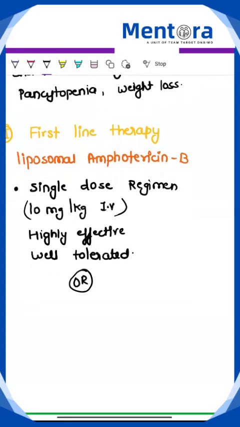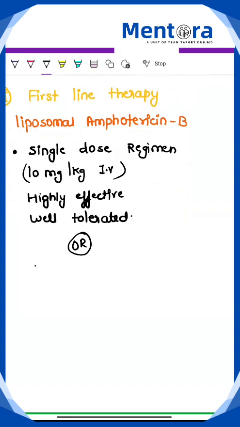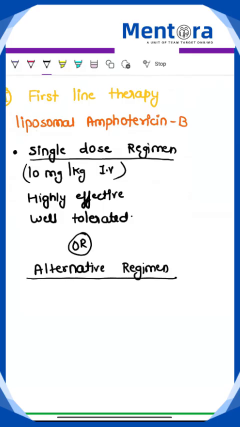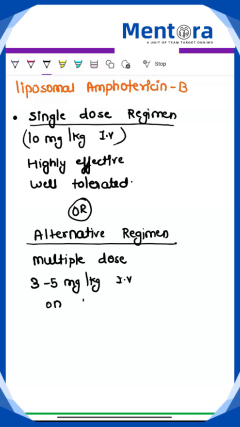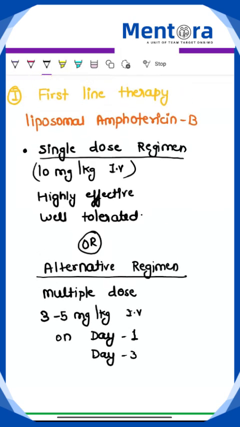But if the single dose regime is not tolerated, then there is an alternative regime. We can give it in multiple doses, that means 3 to 5 mg per kg IV on day 1 and day 3. First line is liposomal amphotericin B.